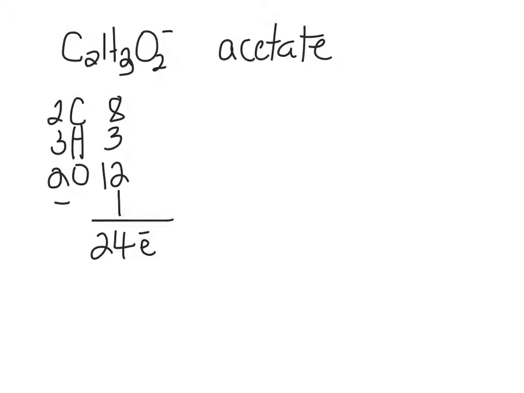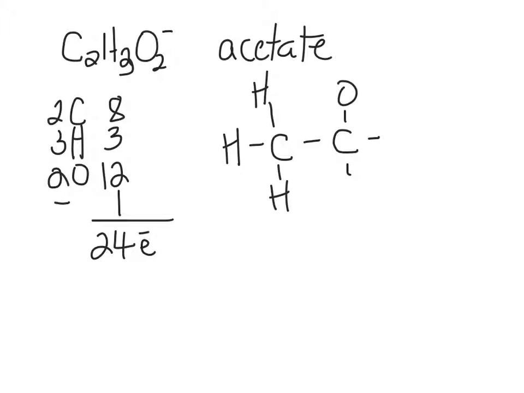So we know that carbon has the highest combining capacity, so it's our central atom. We know that it makes 4 bonds. So we could try doing this. So we've got 3 hydrogens and only 2 oxygens.